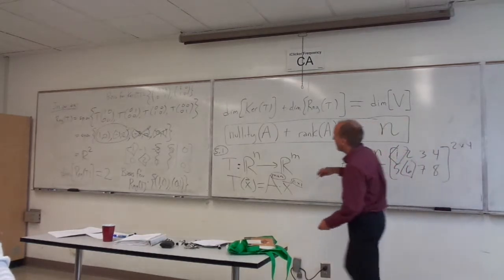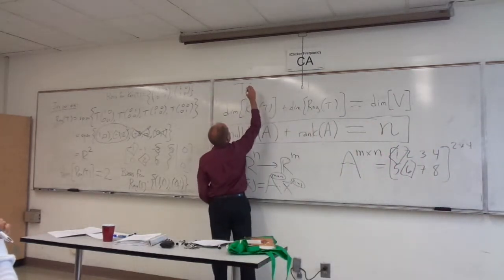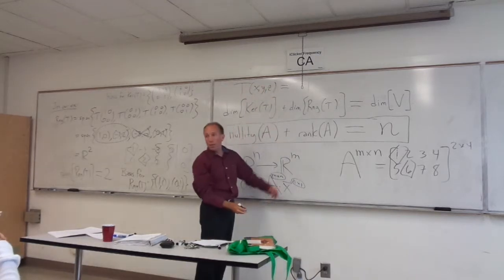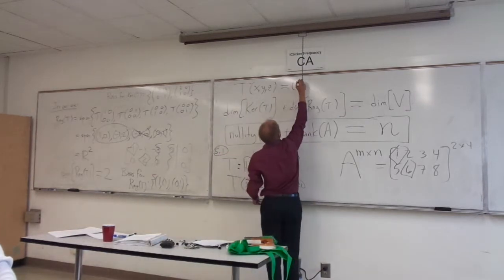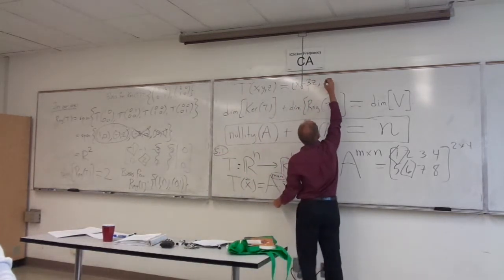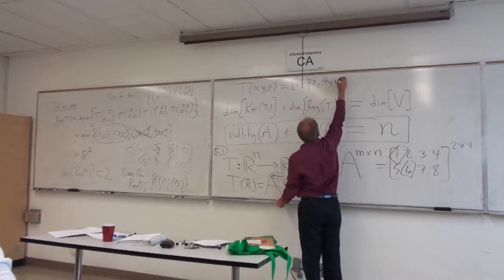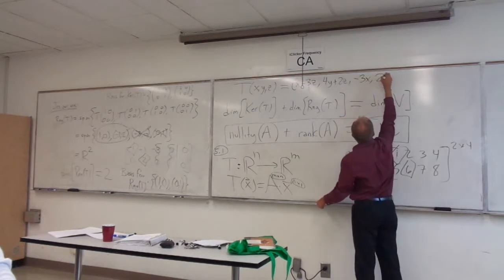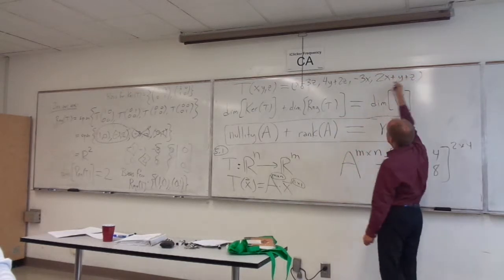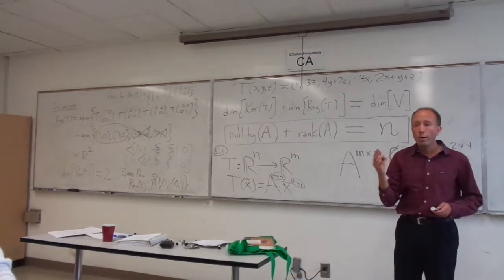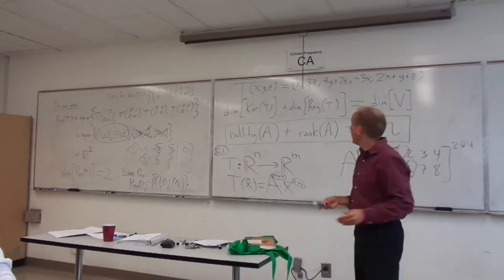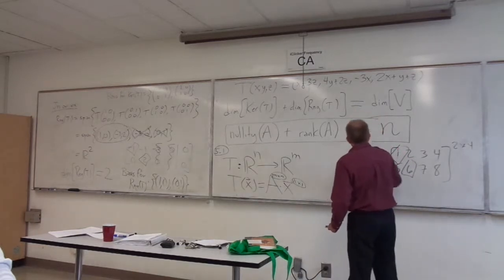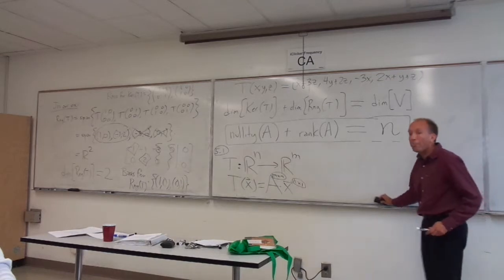So, for example, if I give you a transformation from R3 to R4, something like x minus 3z, 4y plus 2z, negative 3x, and then 2x plus y plus z, there's a transformation that takes something in R3 and spits out something in R4. We will be able to write down a matrix representation of it.